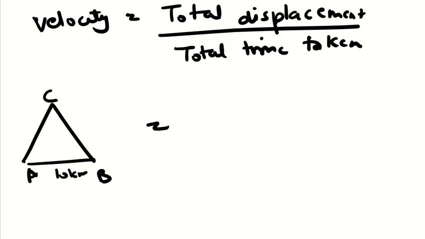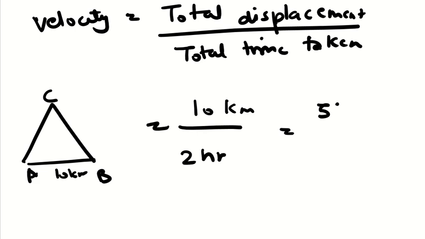Because the displacement is the shortest distance traveled, and the shortest distance to reach from A to B is going to be 10. So this is 10 kilometer. Time taken was 2 hours. So velocity is going to be 5 kilometer per hour.